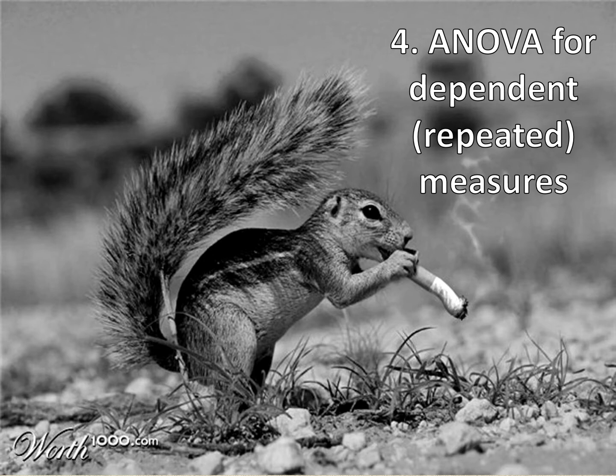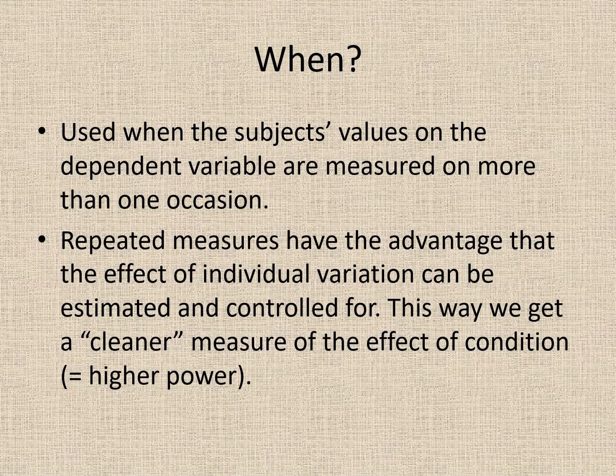Does it sound like a good idea to measure your individuals on more than one occasion? Yes. You usually get higher power with an analysis like this, because then you can adjust for individual variation. At the same occasion or different occasions? No, you have to have several occasions in order to adjust for individual variation.